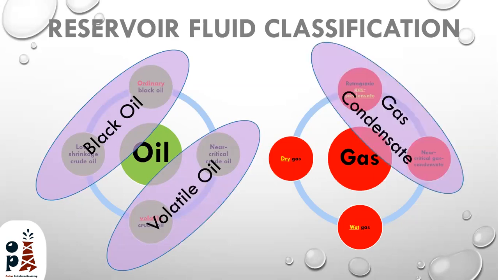For gas reservoirs, we have three types: dry gas reservoirs, wet gas reservoirs, and gas condensate. The gas condensate reservoirs include the retrograde gas condensate reservoirs and near critical gas condensate. And we will learn how to differentiate between these types of reservoir fluids.